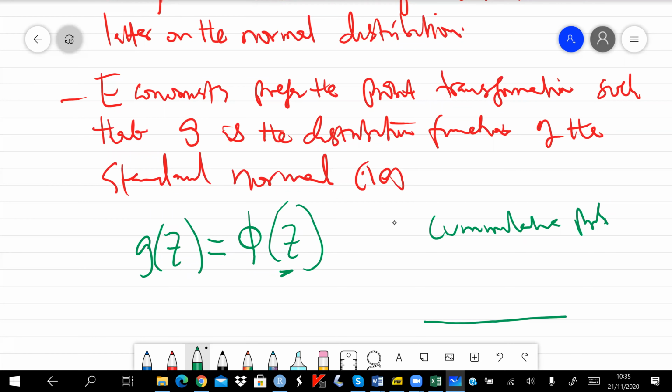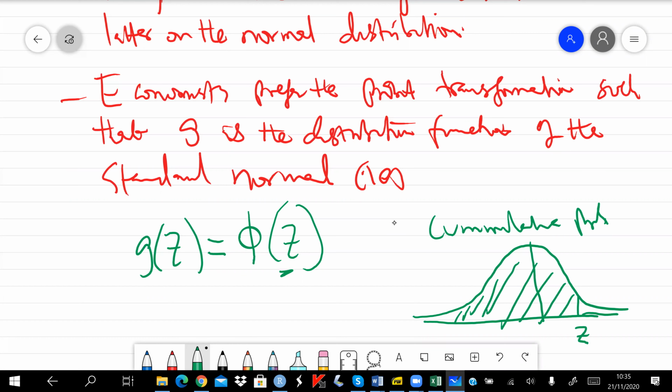So we're talking about something like this. If that's the standard normal distribution, what we are calling phi of Z, if this is Z, then the shaded part is what you're calling phi of Z.